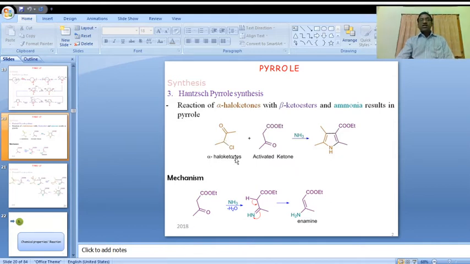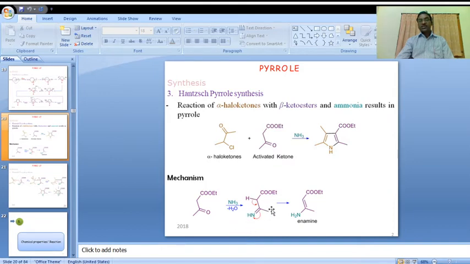In this Hantzsch method, first of all, beta keto ester reacts with ammonia. In the first step, it loses a water molecule to form an imine intermediate.